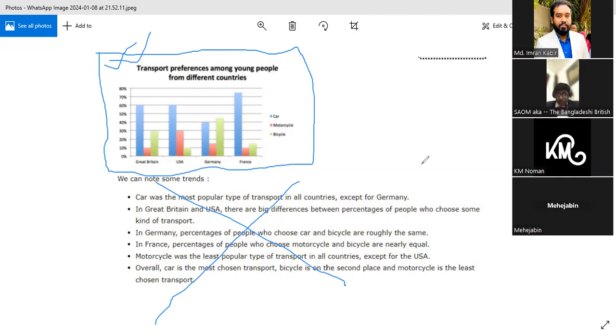Each has different usage or preference rates, and different reasons. So let's start with the first one.